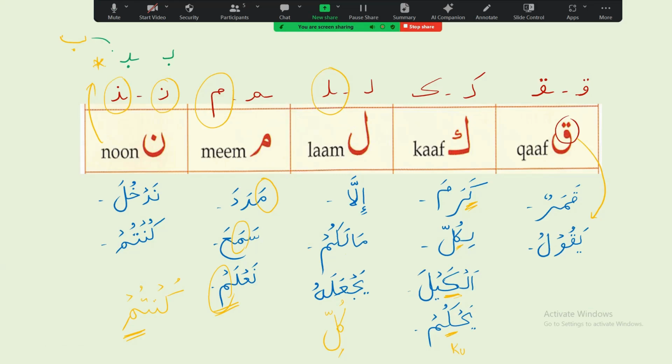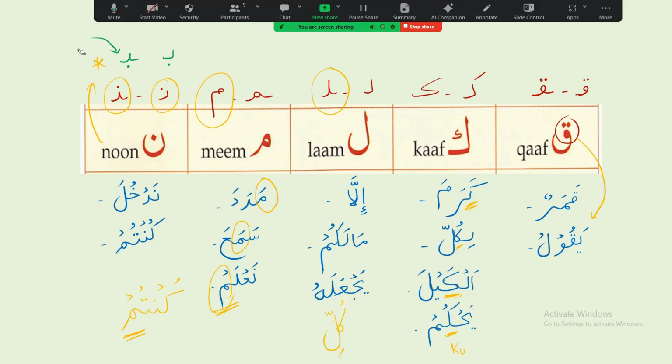The shape is almost the same, just the difference is in the dot. For the Noon alphabet, the dot is on top of it, but for the Ba alphabet, the dot is below it. So this is what you will have to remember as well, right?